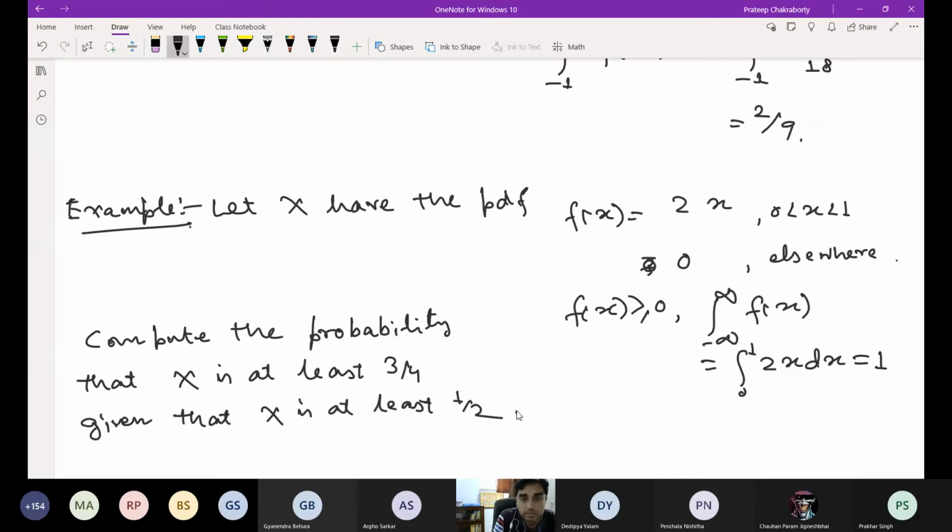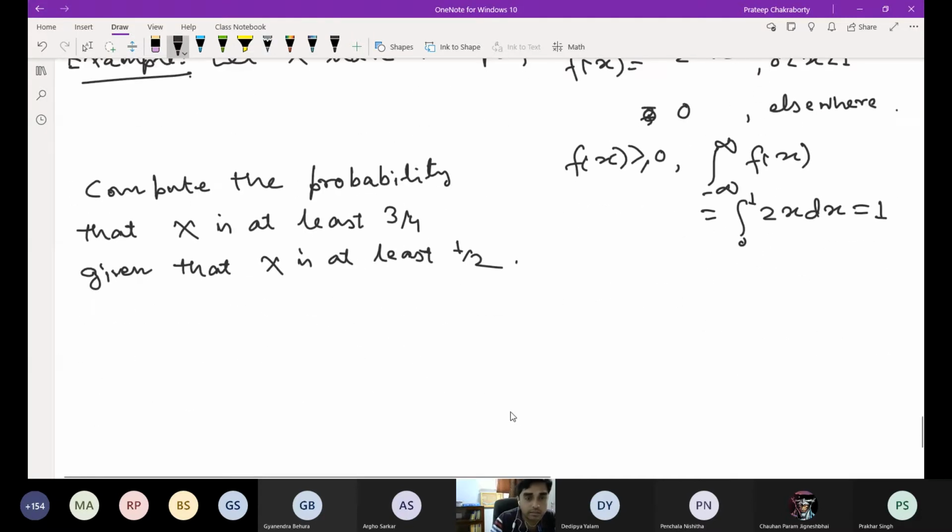So these are the things we have seen before. This is conditional probability, right? Given that x is this, the probability we have to compute is a conditional probability. So we have to compute P(x ≥ 3/4 given x ≥ 1/2).